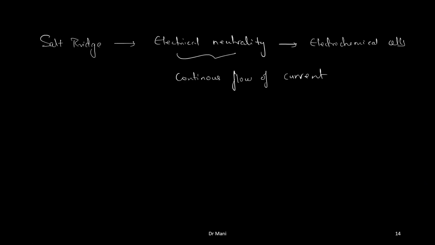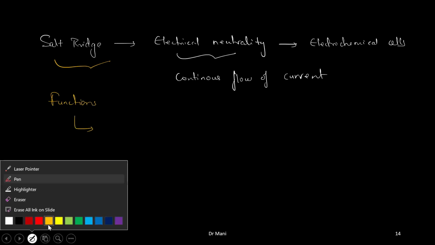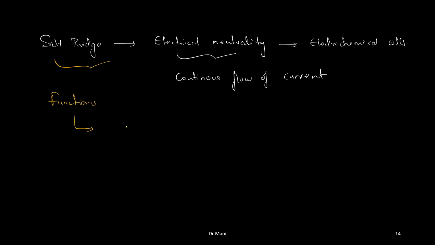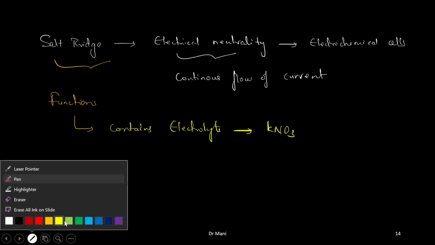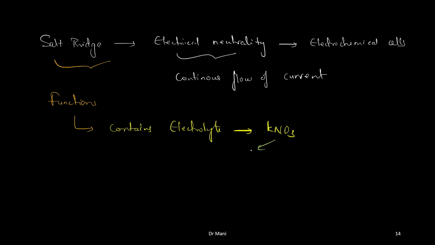So that's one thing. How does the function of the salt bridge work? Suppose this salt bridge contains an electrolyte, let's say KNO3. This will serve two important purposes. First it will form the K plus, and the other one will form the NO3 minus.